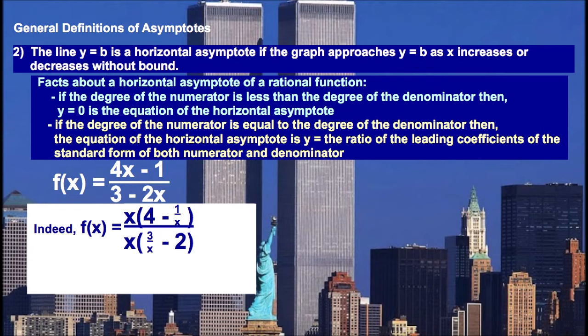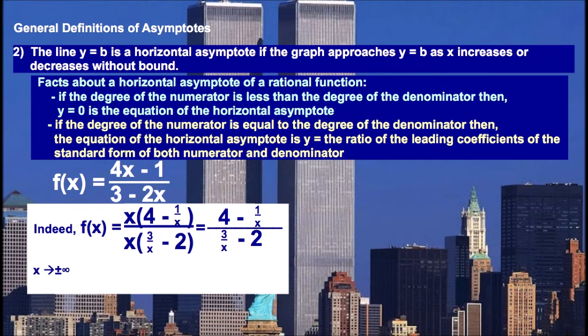Indeed, f of x equals x times the quantity 4 minus 1 over x, everything over x times the quantity 3 over x minus 2, which equals 4 minus 1 over x, everything over 3 over x minus 2.